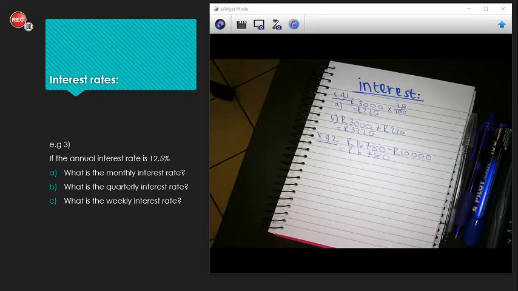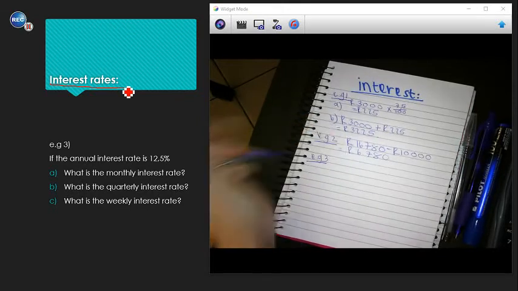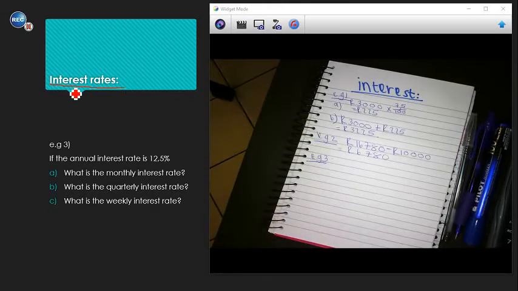Now, if we move on to example 3, it's giving us questions only about interest rates. Now, remember that interest rates have got to do with percentages. So they're telling us that the annual interest rate is 12.5%. They're asking then for the monthly, the quarterly, and the weekly interest rate.